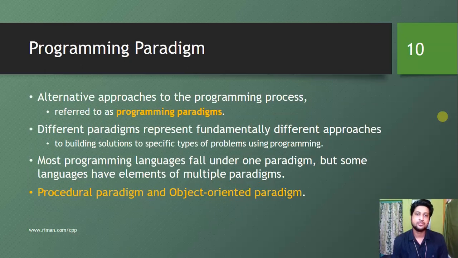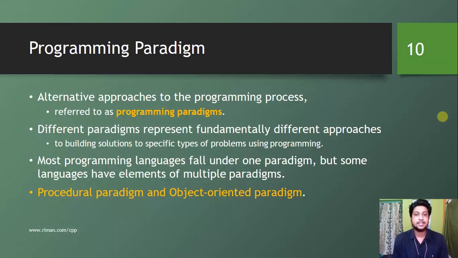Programming paradigm refers to the different approaches that can be taken to solve a particular problem. Different paradigms represent fundamentally different approaches that can lead to a solution of specific problems. Most programming languages fall into one of the programming paradigms, whereas some languages can have elements of multiple paradigms, like C++.